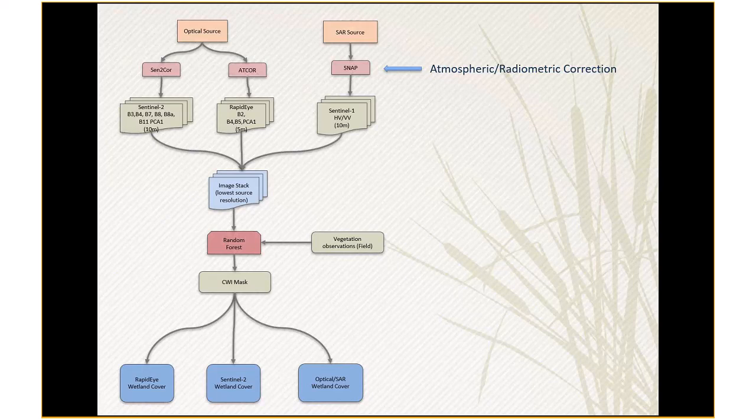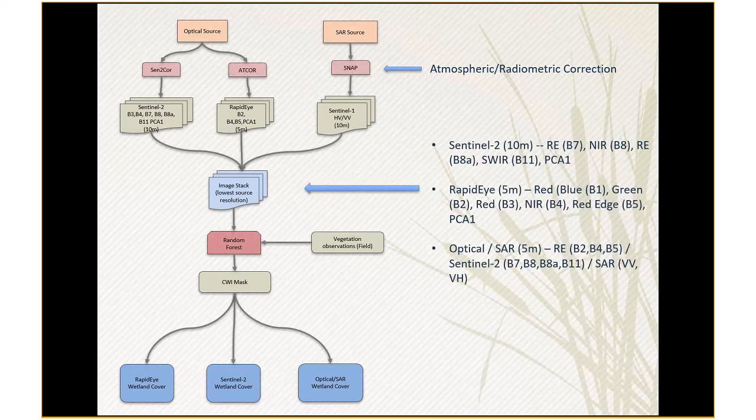The workflow basically carries on from there, where we take the bands that performed really well, plus a principal component, just a PC1 of all of our bands that performed well from a separability perspective, in each of the platforms, and then stack them into specific image stacks that we've tested.